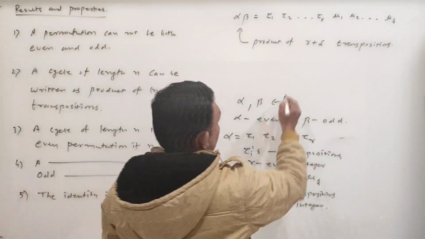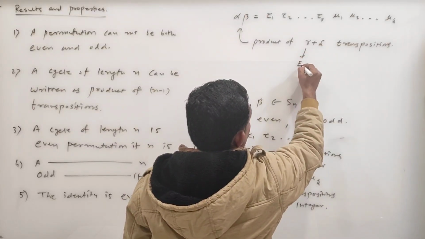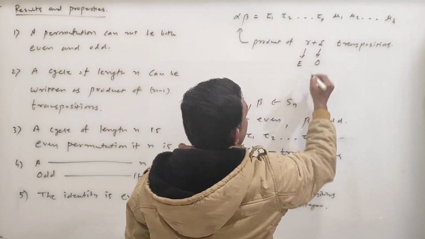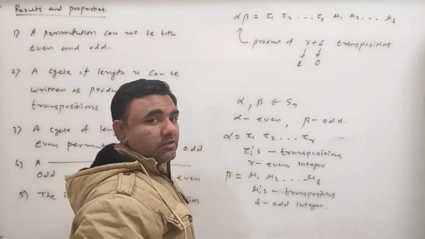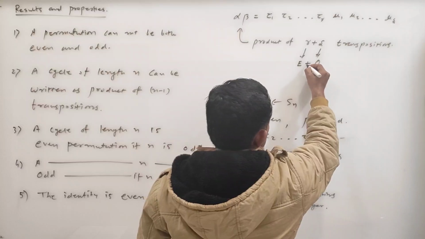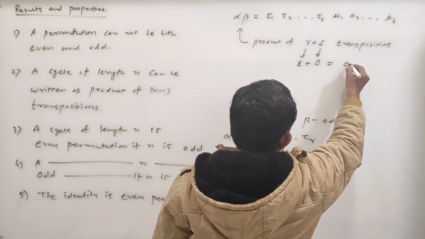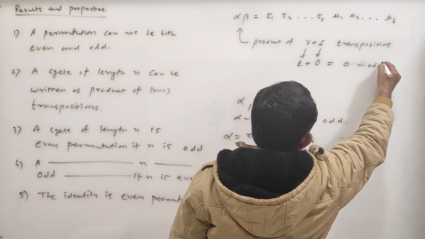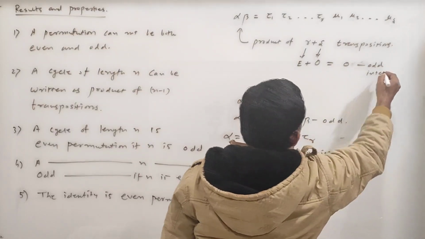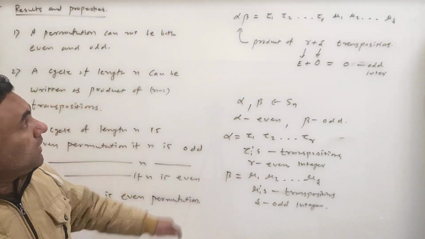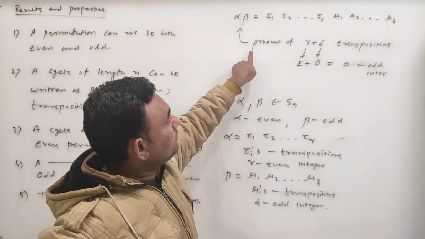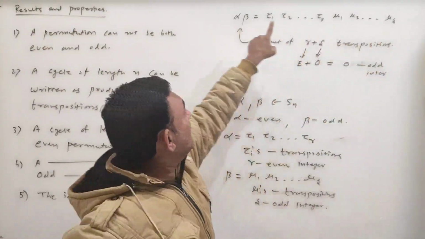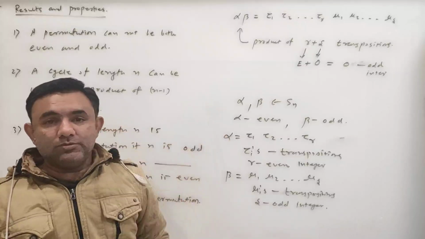Now my r is even and s is odd, and both are integers. So an even integer plus an odd integer is an odd integer. So what we have proved: alpha into beta is a product of an odd number of transpositions, so alpha into beta is an odd permutation.